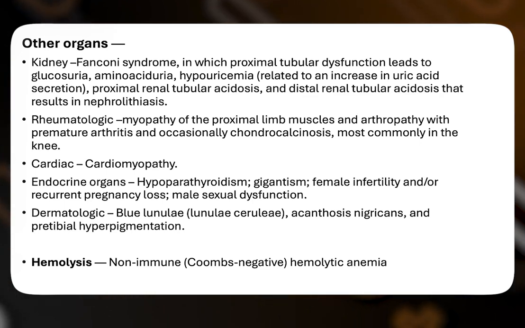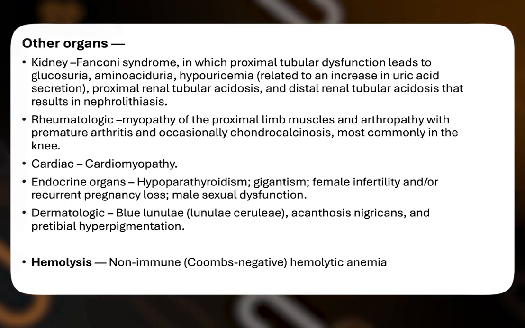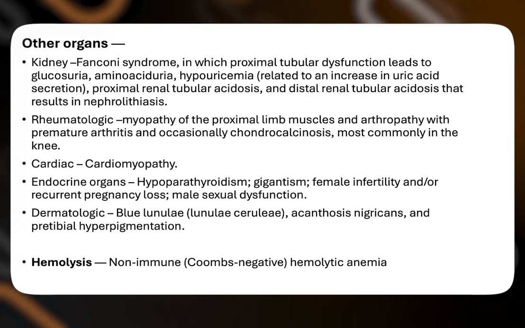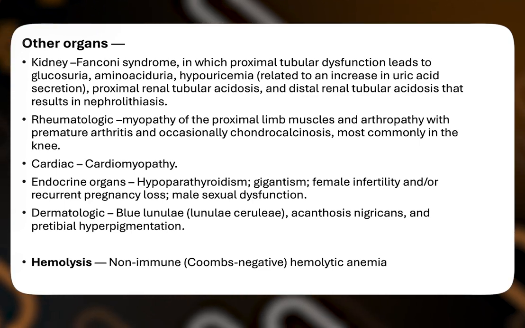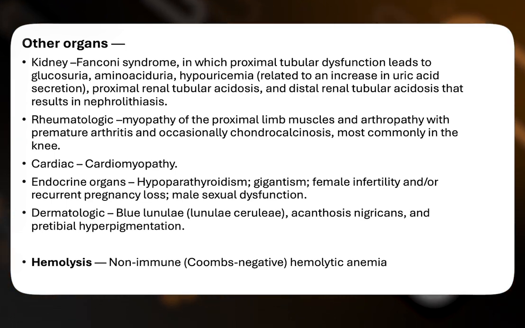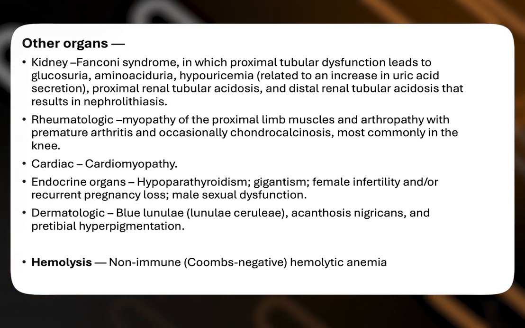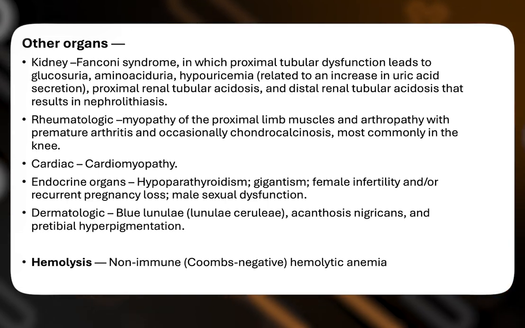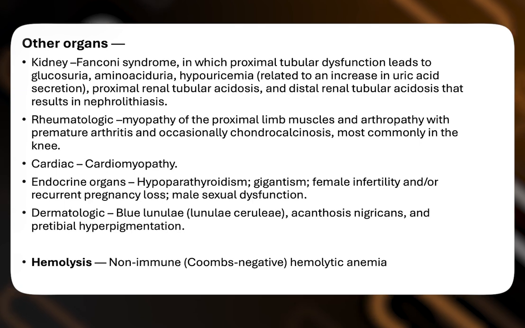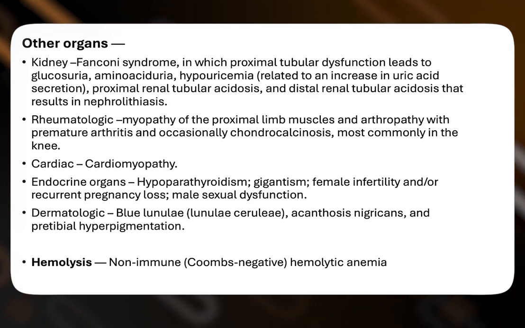Myopathy causes proximal limb muscle weakness. Arthropathy, arthritis, is very common. We cannot differentiate it from the arthropathy caused by pseudogout, which is chondrocalcinosis, most commonly in the knee joint. Then cardiac, of course: there is a high chance of cardiomyopathy.